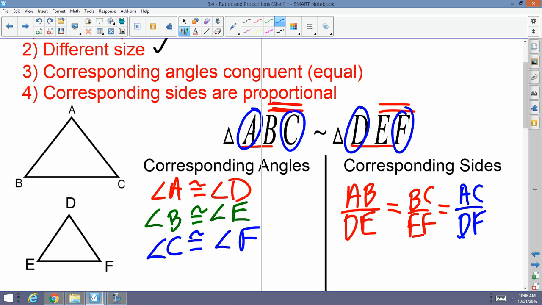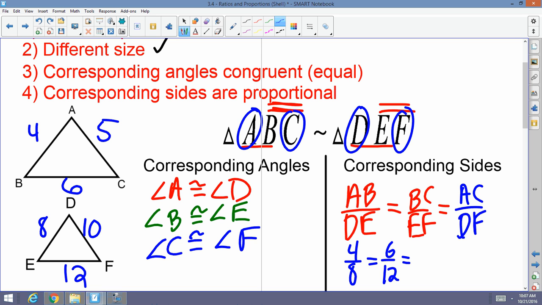It means they're proportional. Let's say this was 4, this is 5, and this is 6, and then this is 8, 10, and 12. AB to DE is 4 to 8, correct? BC, which is 6, corresponds to EF, which is 6 to 12, correct? And AC, which is 5, corresponds to DF, which is 5 to 10, correct?